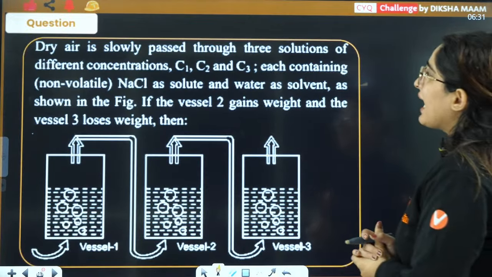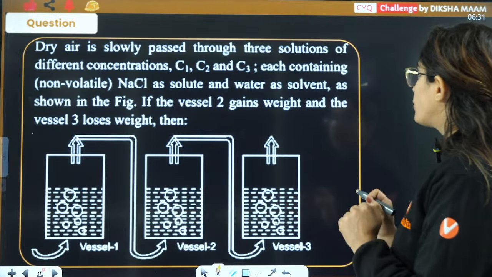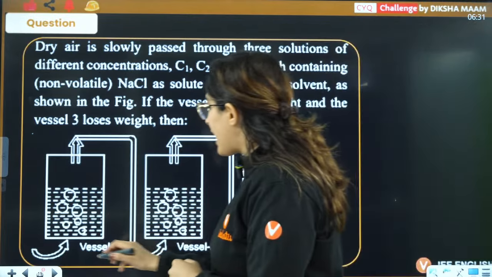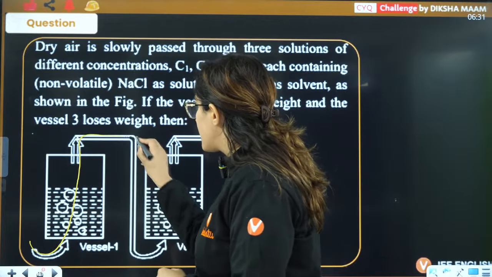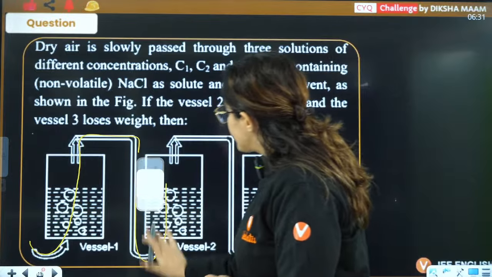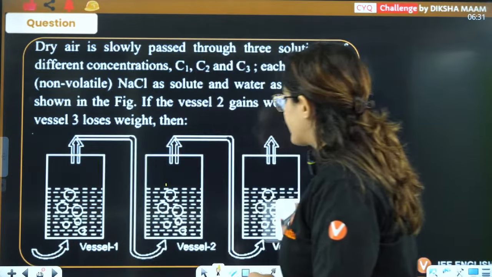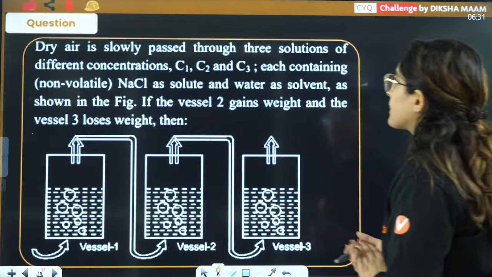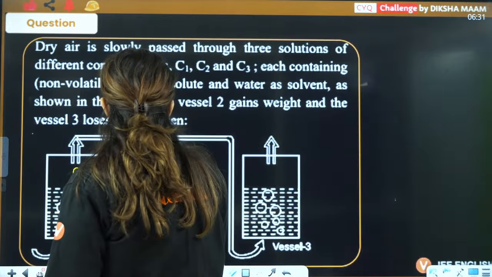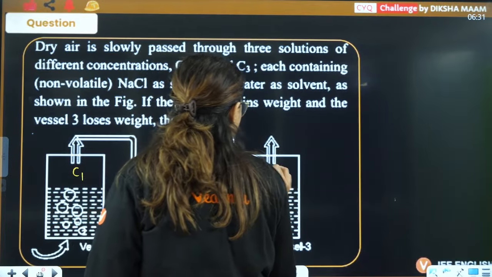Dry air is slowly passed through three solutions of different concentrations. So dry air is passed through this solution, then it will pass through this solution, then it will pass through this solution. Now what you observe here is this concentration is C1, this is C2, and this is C3.